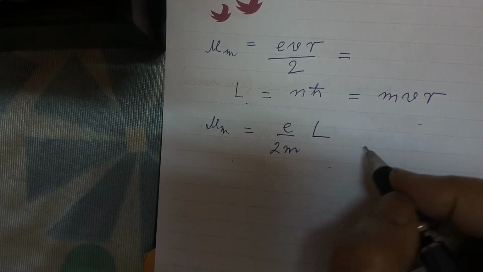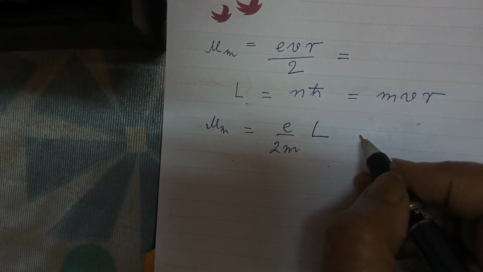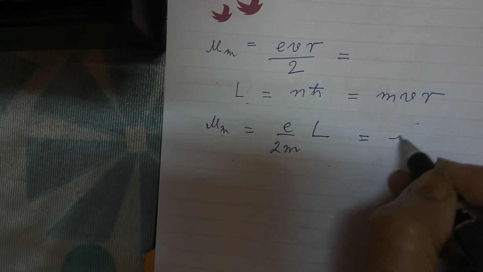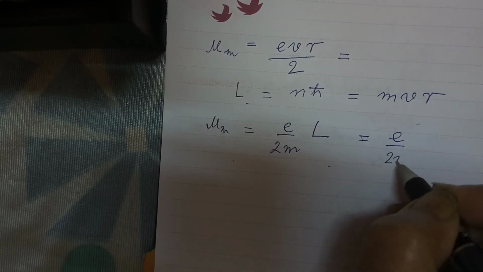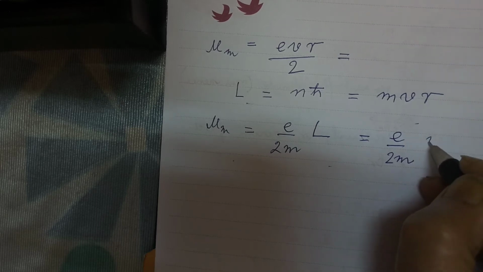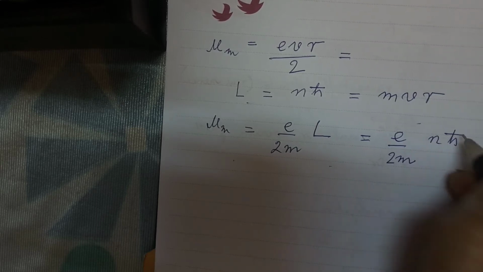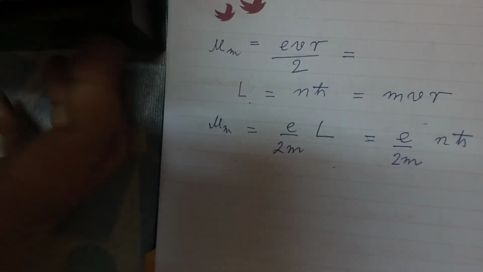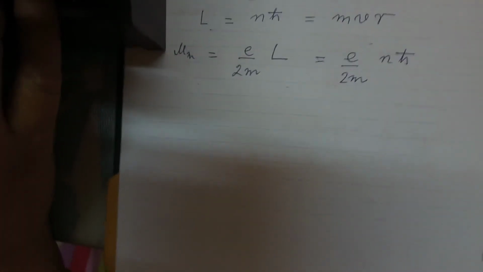All right, and again for L, we can write this as E by twice m, n h cross. Can we write it or we can't? We can.